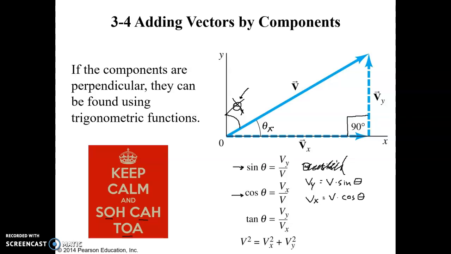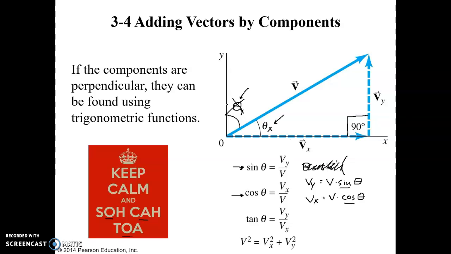The reason why is because if you always use theta with respect to the x-axis, then the y component is always found by multiplying the magnitude of the vector by sine of theta, and the horizontal component is always found by multiplying by cosine of theta. And so if you always use theta sub x, then x will always be associated with cosine, and y will always be associated with sine.